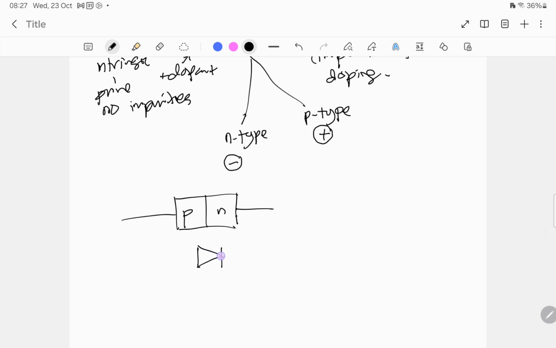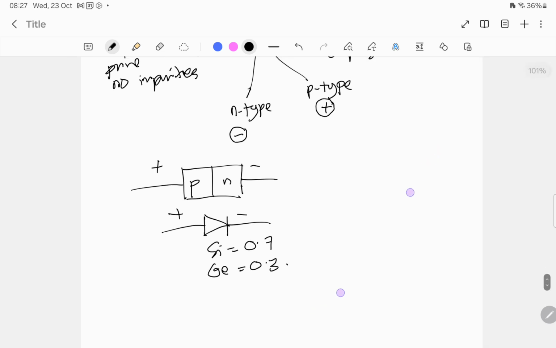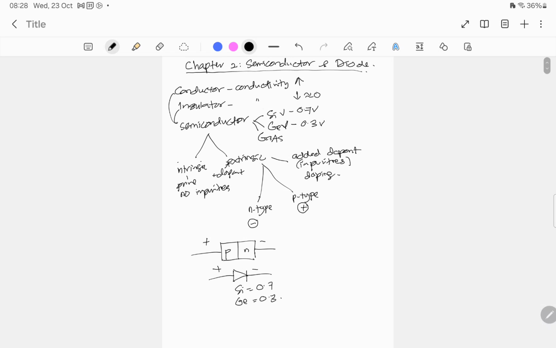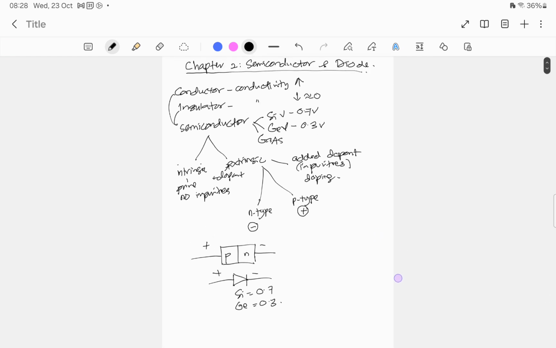From the PN junction, we can have the, what is below here? Diode. There are normally two types of diode. So this is basically what we have learned in the previous class. Is there anything else? Okay, this is what we have learned previously.